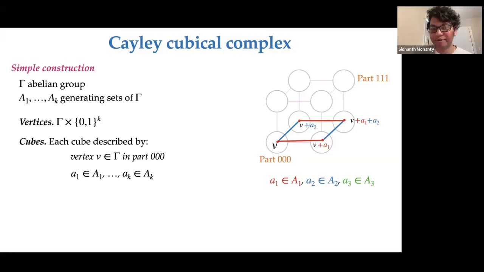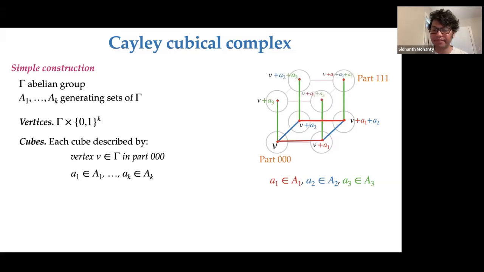Notice that because the group is abelian, when you did this, you got a square. That is V plus A1 connected to V plus A1 plus A2, and V plus A2 connected to V plus A2 plus A1, which is the same as V plus A1 plus A2.